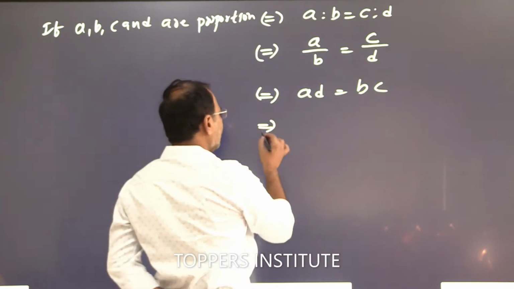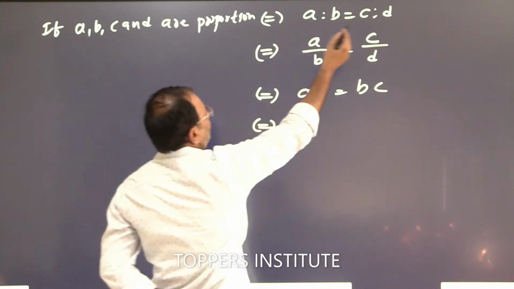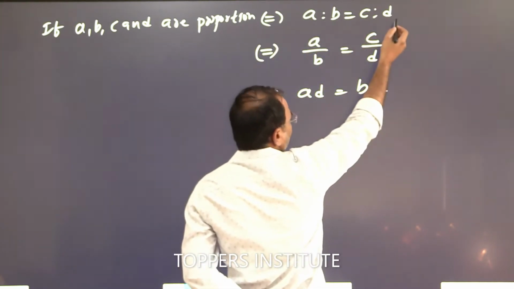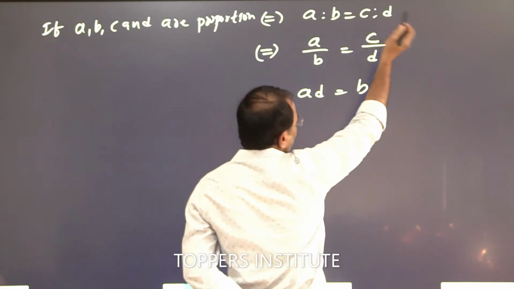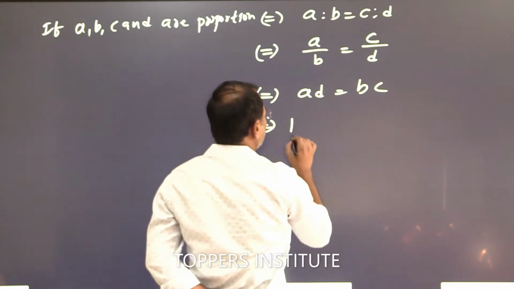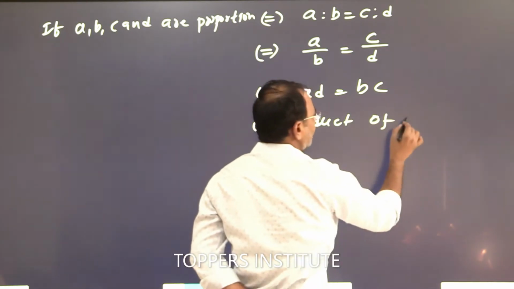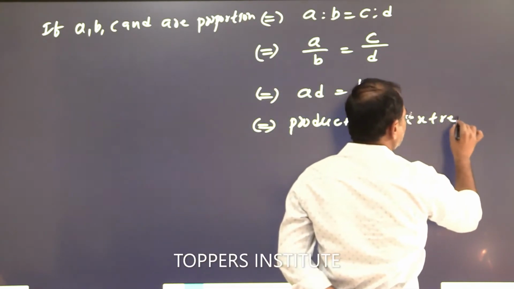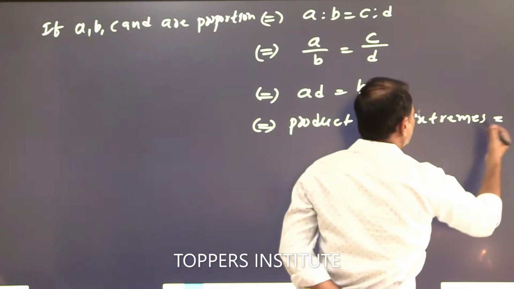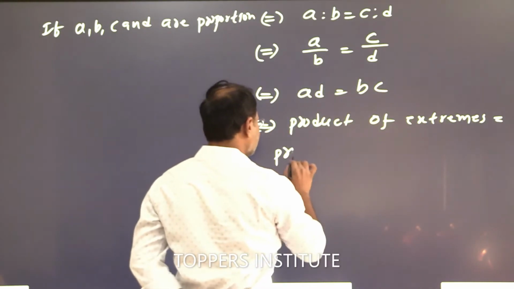Then what are A and D? In A is to B is equal to C is to D, A and D are called extremes, and B and C are called means. So the product of extremes is equal to the product of means.